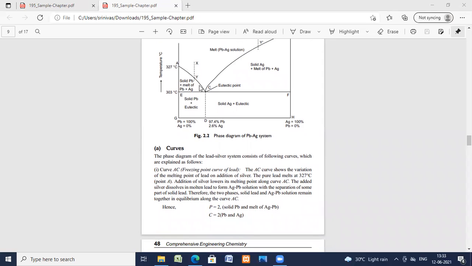So the phases are two here, solid lead phase and melted AgPb solution. Both of them are in equilibrium, remains together along AC curve. The components are 2, Pb and Ag.